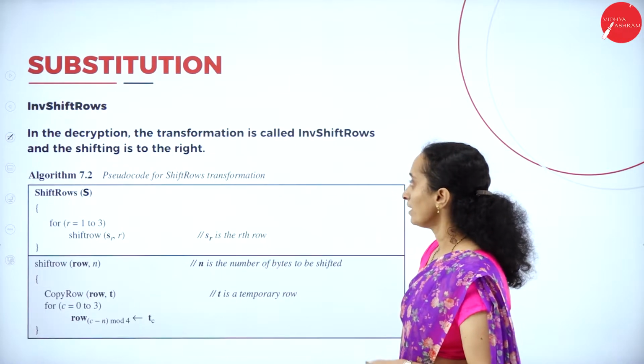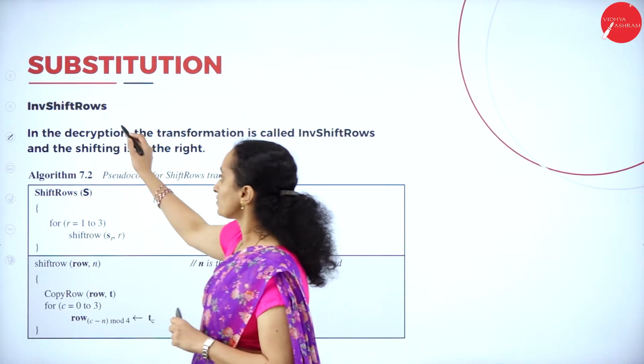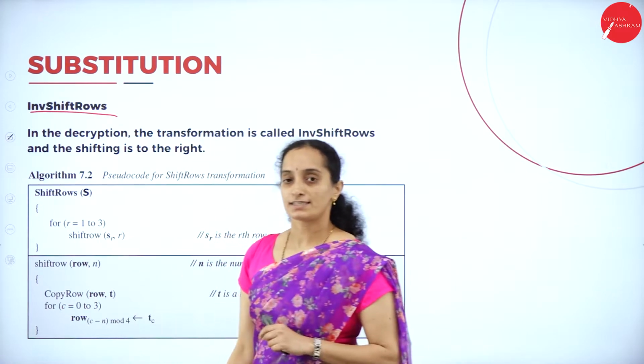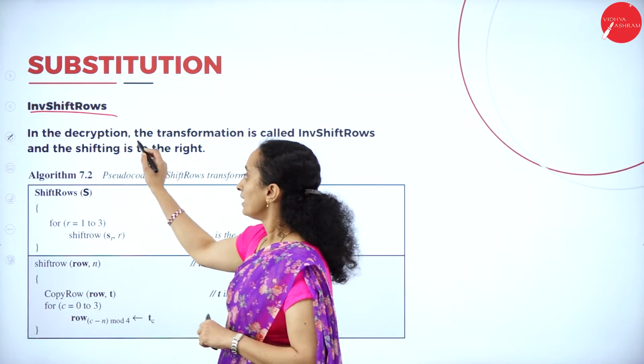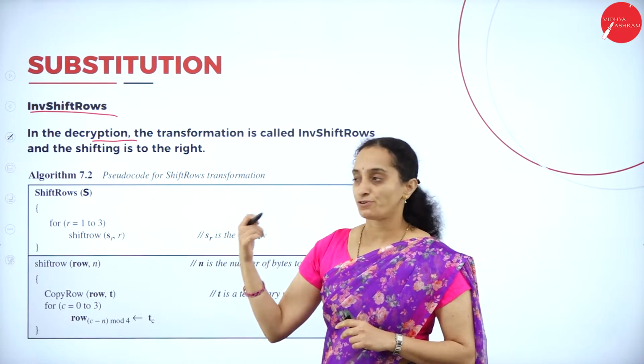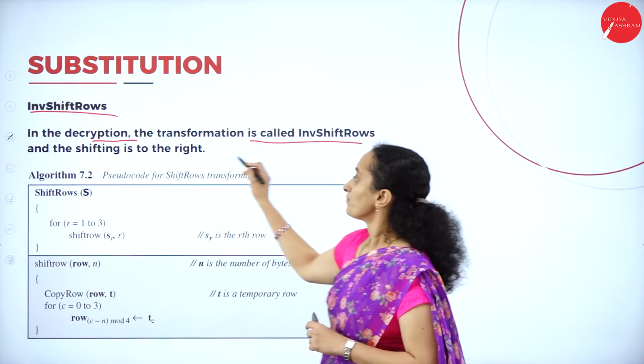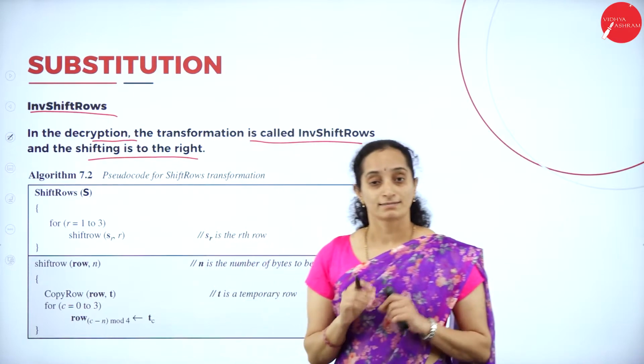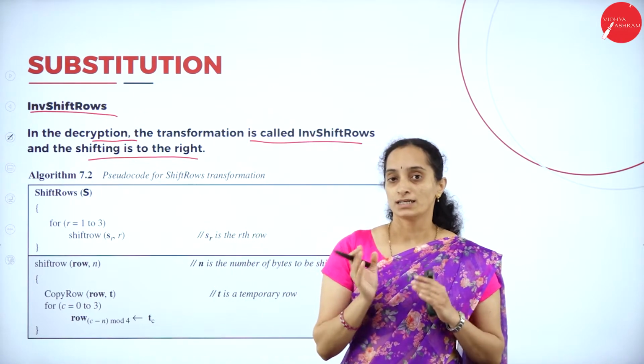Alright. Next we have the inverse of the ShiftRows function, that is InvShiftRows. In the decryption process, we follow this inverse ShiftRows method to shift the bytes back to the right.